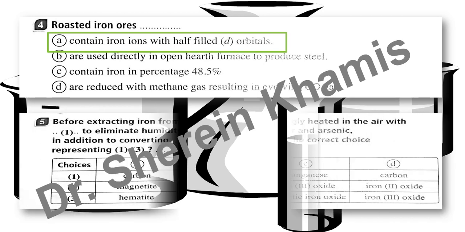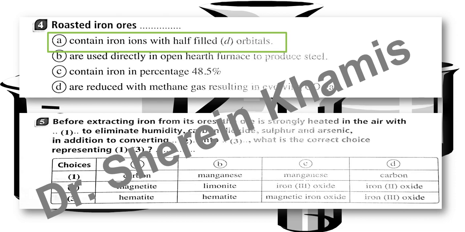Another question. Question number 5 here. It says that before extracting the iron from its ore, the ore is strongly heated in the air. We have here four choices: carbon, manganese, and carbon. Also, we want to eliminate its humidity, carbon dioxide, sulfur, and arsenic, in addition to converting it to magnetite, limonite, iron 3 oxide, or iron 2 oxide.